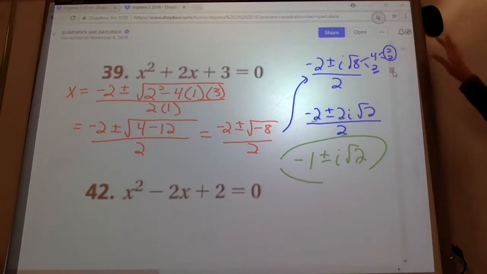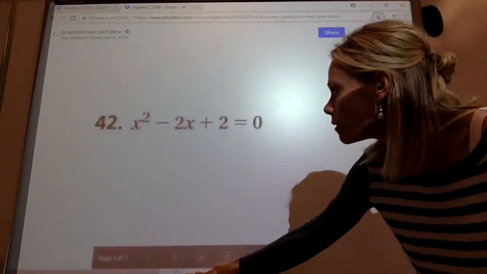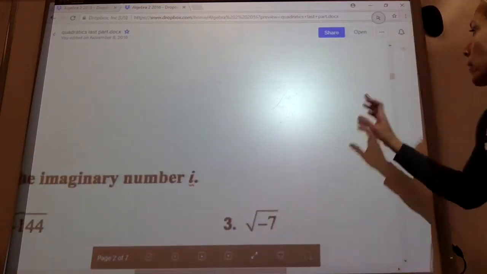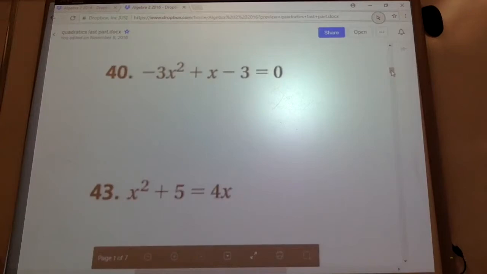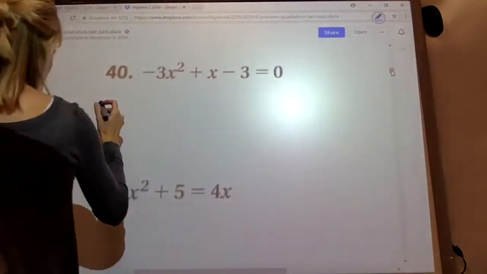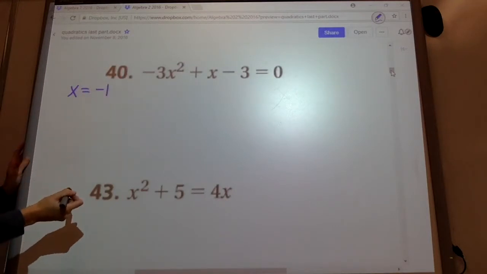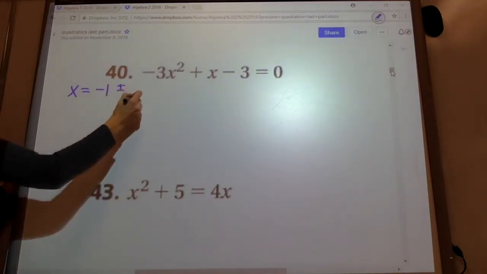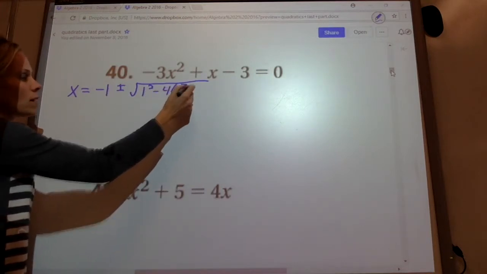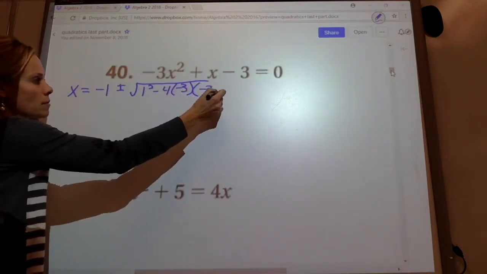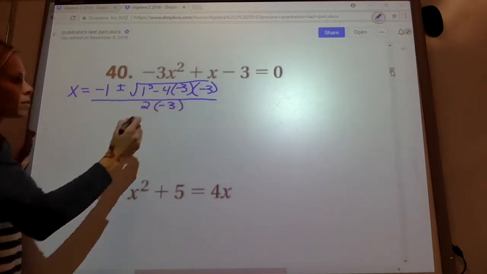Let's try one when a is not 1. Like the next one over. This one. So again, quadratic formula, x equals negative b, so negative 1, plus or minus the square root of b squared minus 4 times a times c, all over 2 times a.